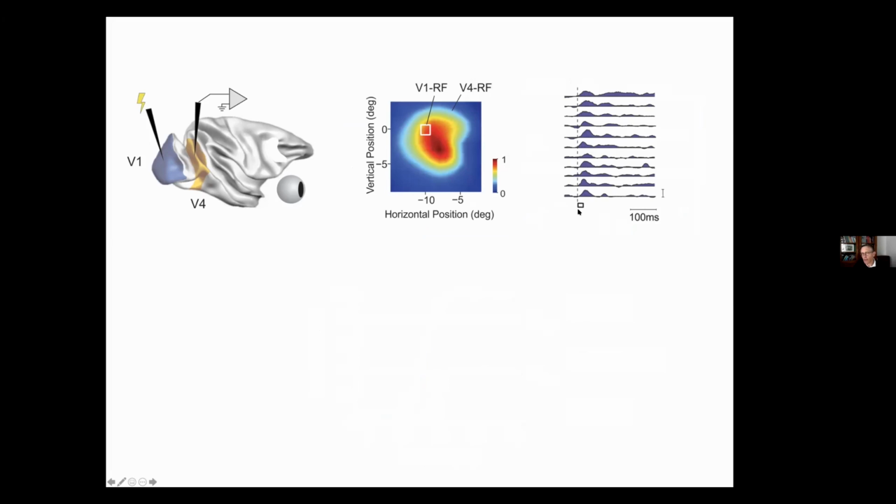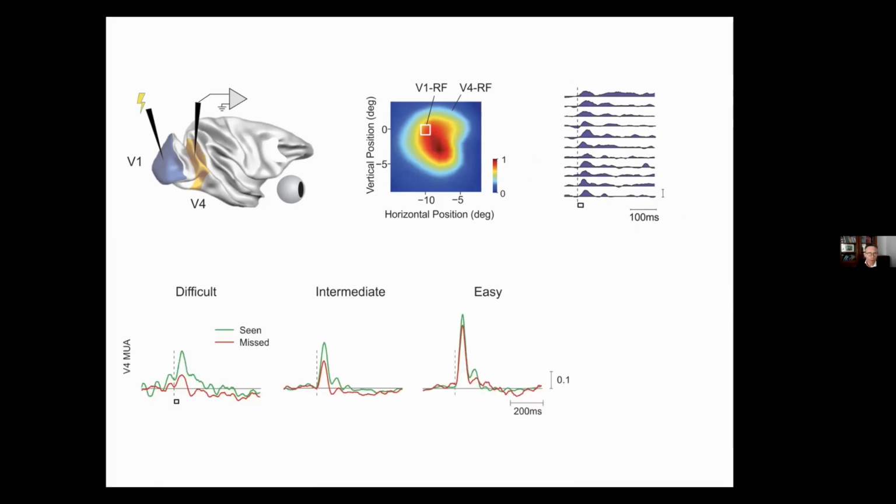So every pulse train that is visible to the monkey causes an electrical response in area V4. And if we then do the same trick and compare those trials that are perceived by the monkey to those that are not, we see that, again, for the difficult trials, those that make it into consciousness elicit much more activity in V4 than those that do not.